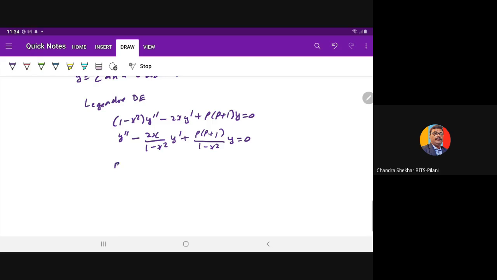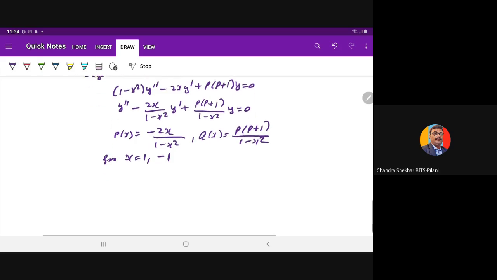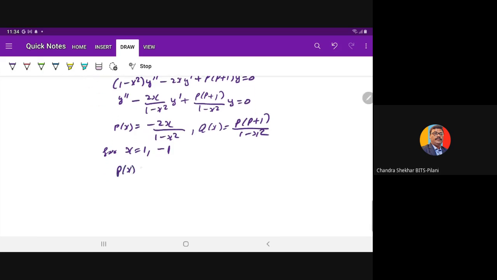So in this case, what is P(x)? P(x) is -2x/(1 - x^2), and Q(x) is p(p + 1)/(1 - x^2). For x = 1 and x = -1, what is the nature of P(x) and Q(x)? P(x) and Q(x) are not well defined.